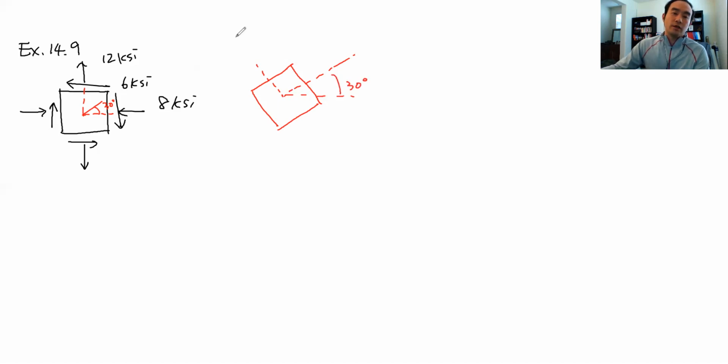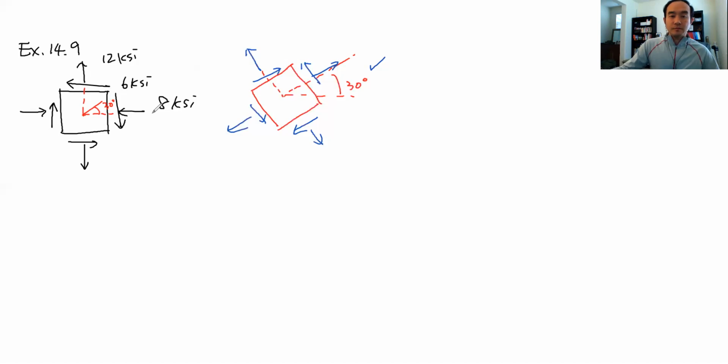Then the question is, what are these normal stresses and shear stresses on the stress block when we change the angle counterclockwise by 30 degrees?